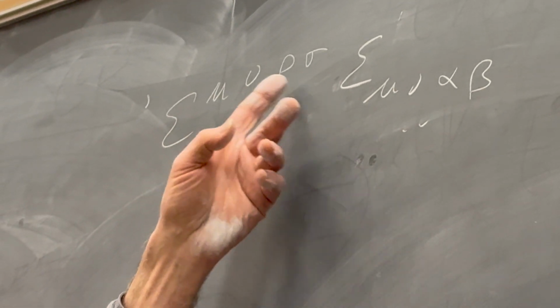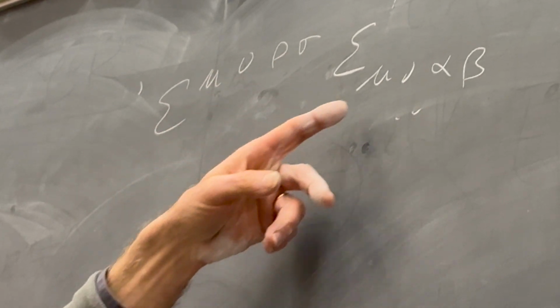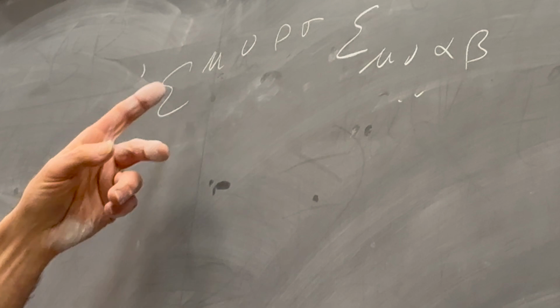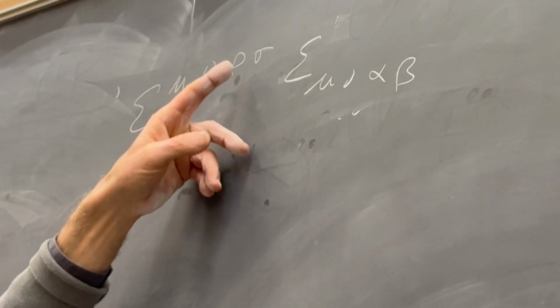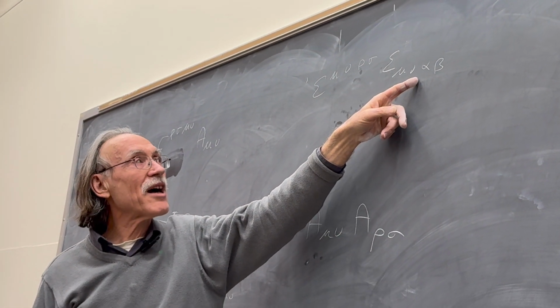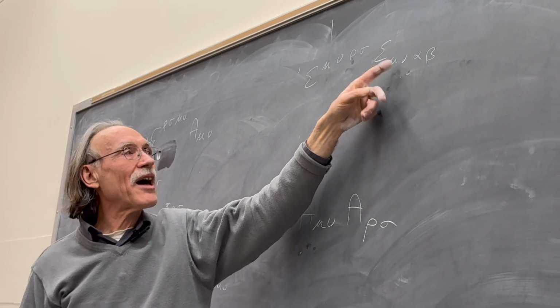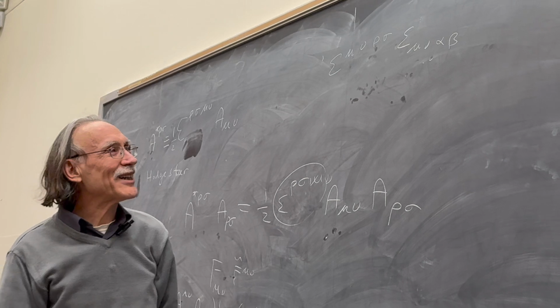Because these are the same and they have to be all different, in order to be non-vanishing, either rho must be equal to beta and sigma equal to alpha, or rho must be equal to alpha and sigma equal to beta. I think I said the same twice.